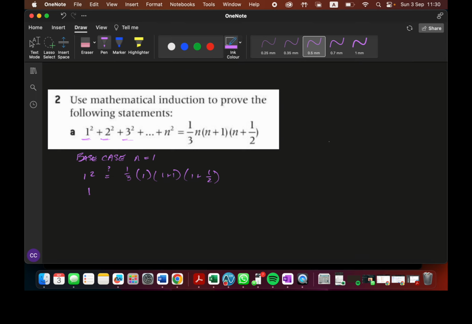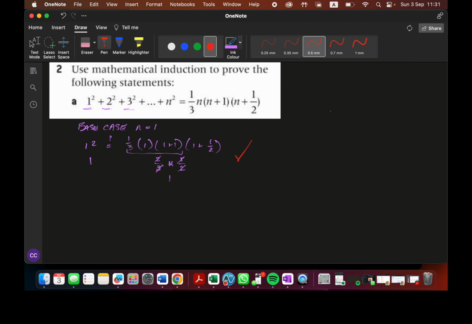So 1/3 times 2 goes to 2/3, times 3/2. Well, the 3's cancel, the 2's cancel, it turns to 1. So in fact, my base case works.